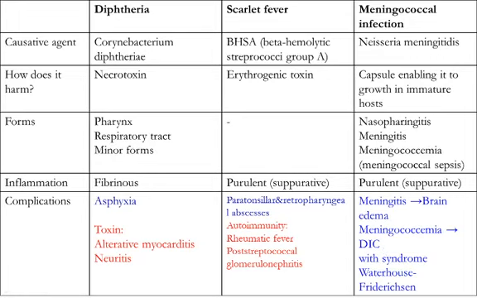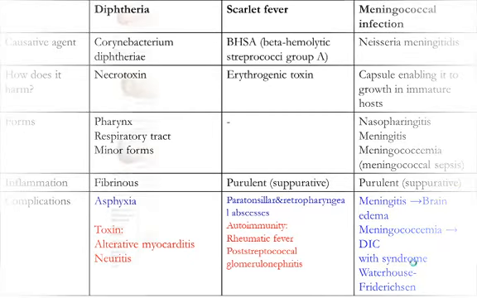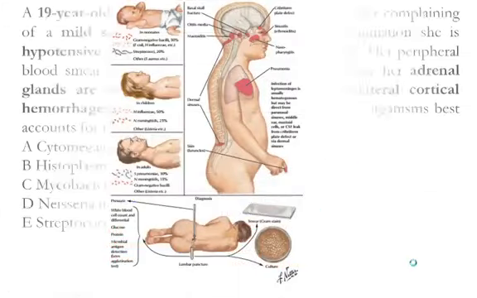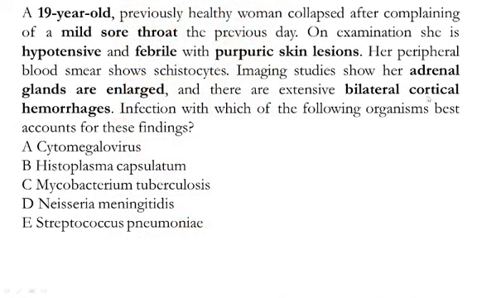Then coagulopathy of consumption, and hemorrhages. We have seen these hemorrhages. Look at them again: bilateral cortical hemorrhages, purpuric skin lesions. So we have seen Waterhouse-Friderichsen syndrome.